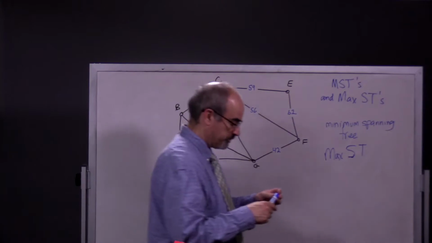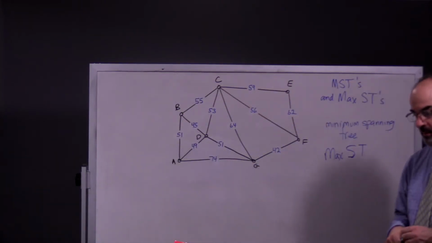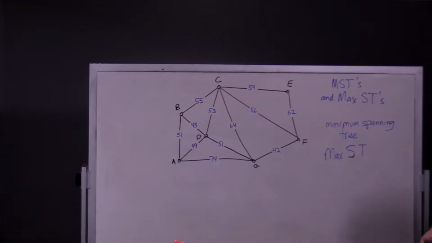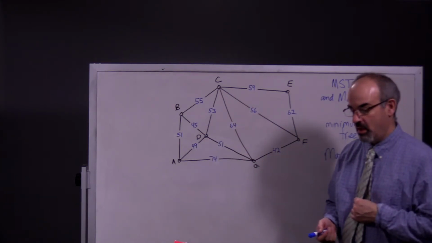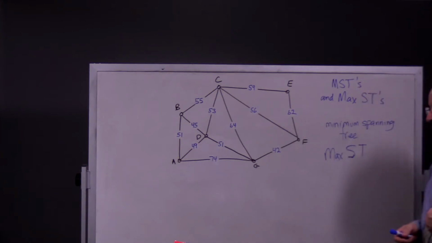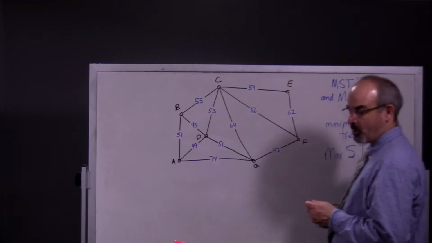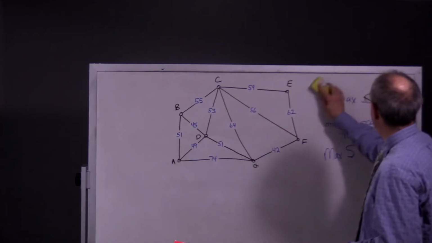So remember, this network has a certain amount of redundancy, so there's a certain amount of trees you could make out of it. Alright, so erase this.